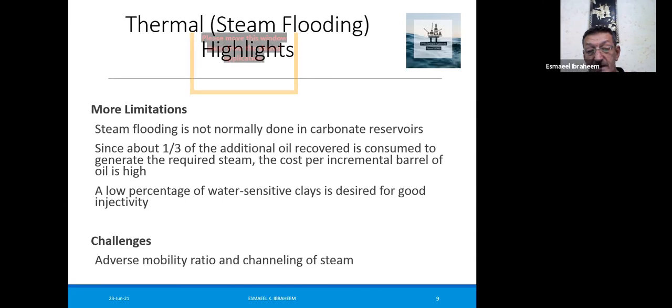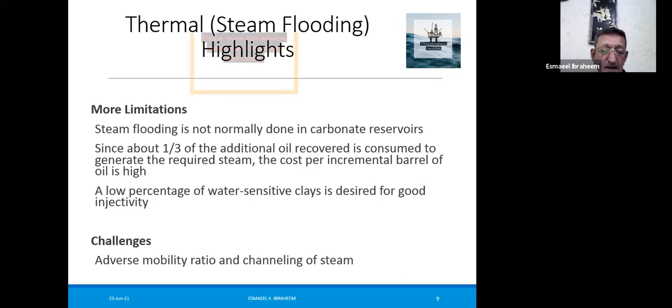The water-sensitive clay will aid in keeping the water that comes from condensing the steam. This condensation produces water, which will be kept by the clays in the reservoir, which aids in pushing the hydrocarbon.